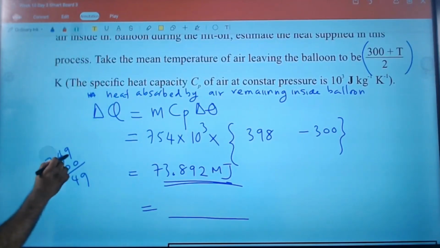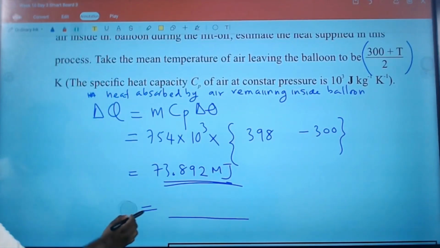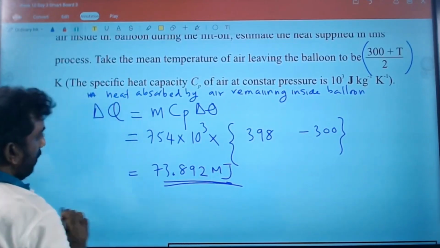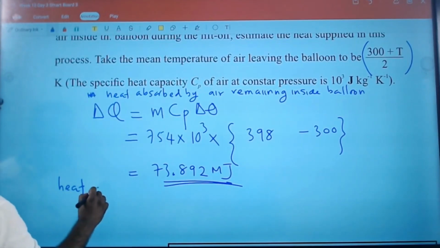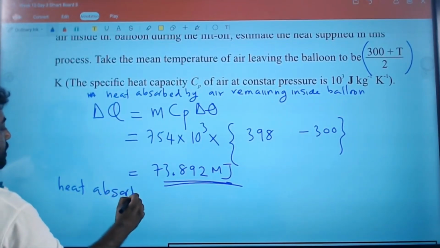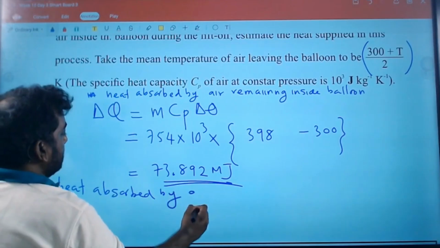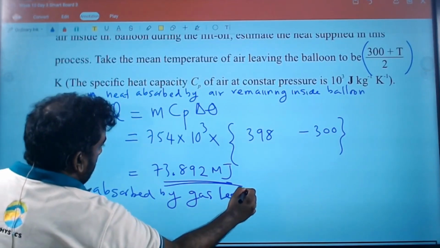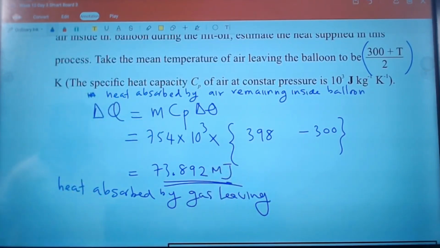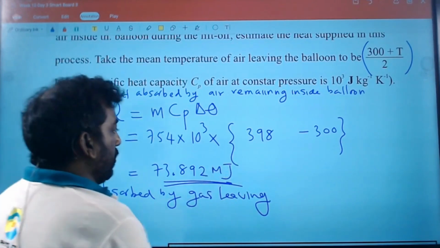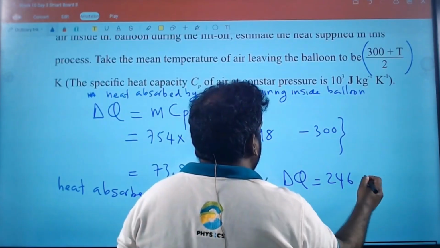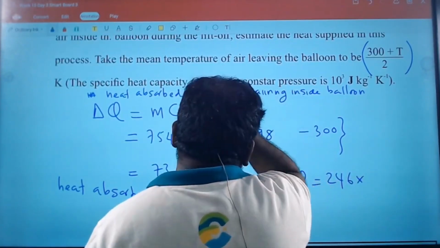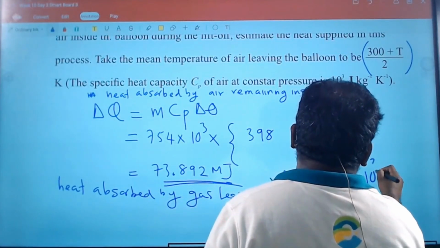Then heat absorbed by the leaving gas. There was gas leaving also. Heat absorbed by gas leaving. Think logically. That is going to be delta Q. Mass is 246 kilogram. Specific heat capacity 1000.